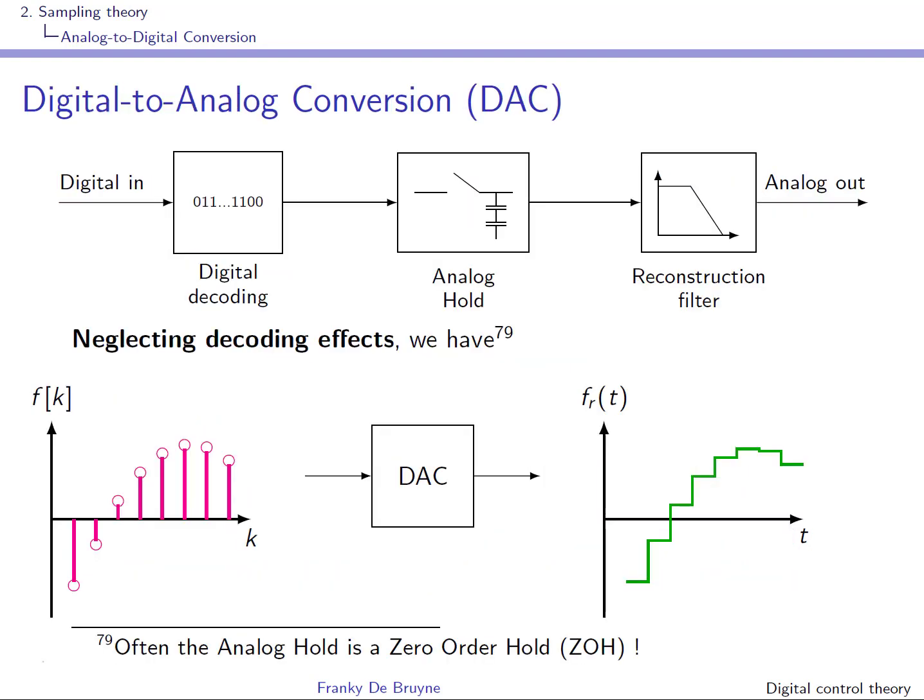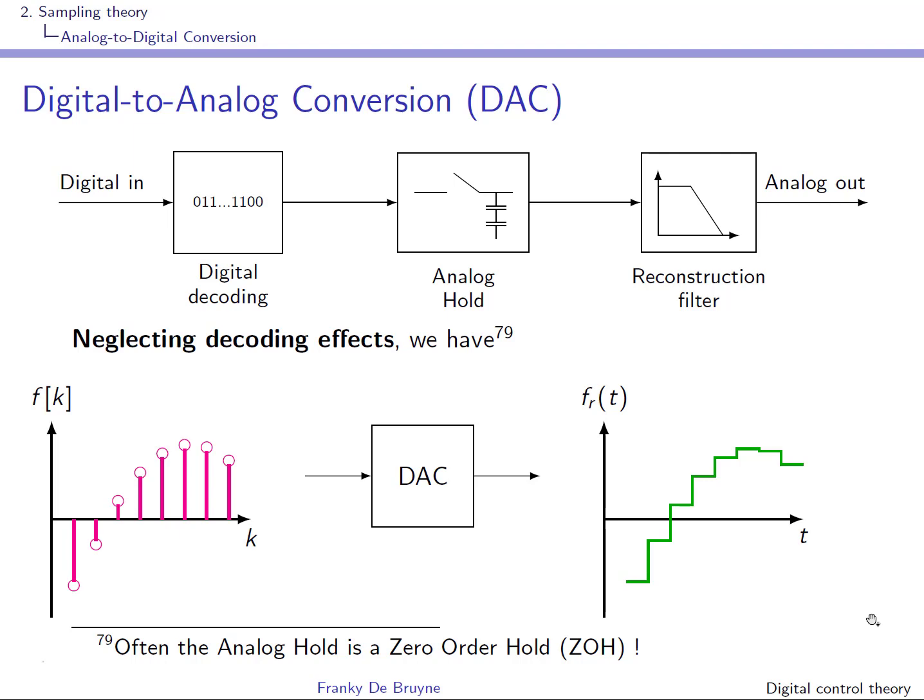What you see over here is the complete picture when you do digital to analog conversion. So obviously the first thing that is done is digital decoding. So you take the original sequence of integer numbers, and after digital decoding you obtain a sequence of real numbers. Well, this set of real numbers at the sampling instants is sent to the analog hold process.